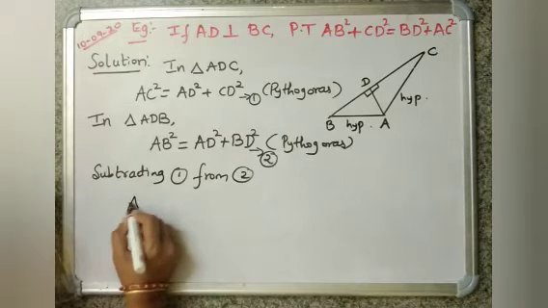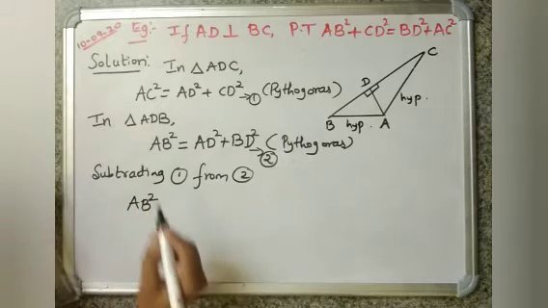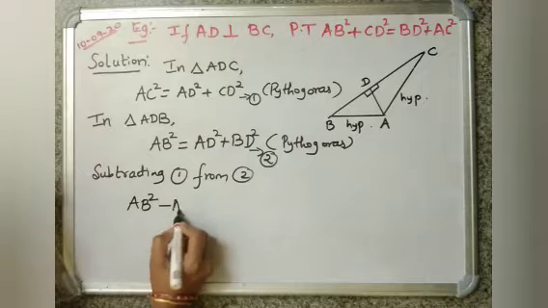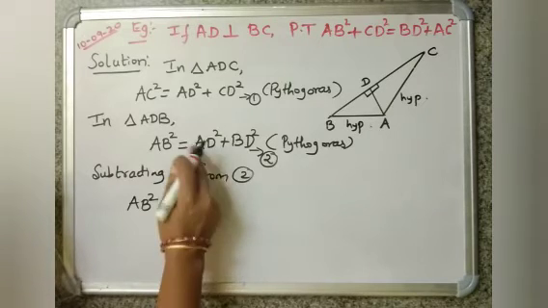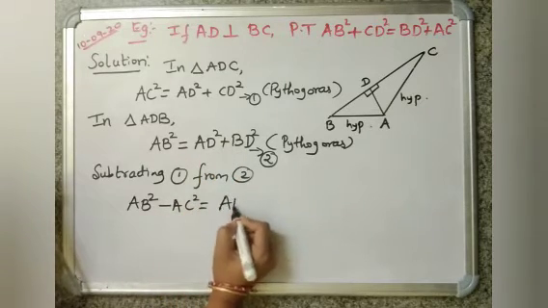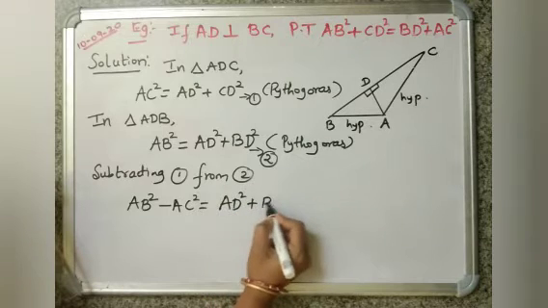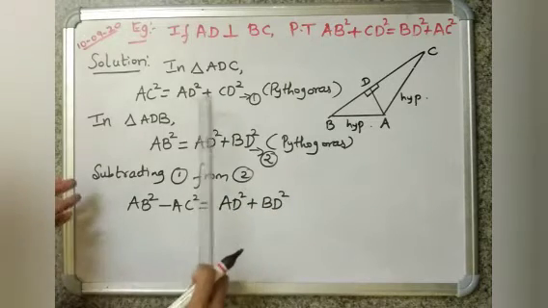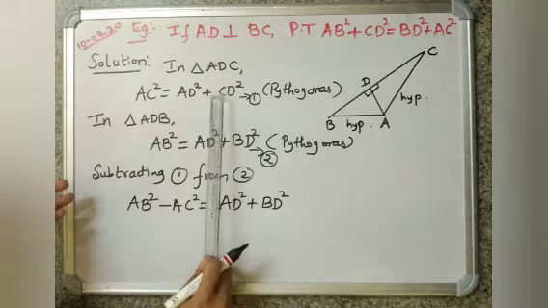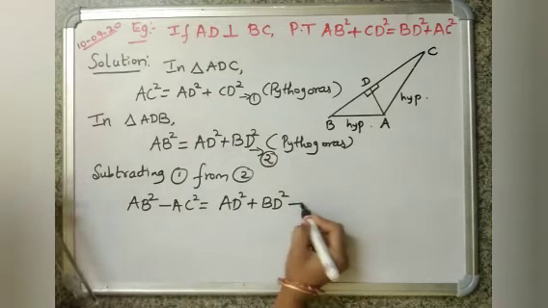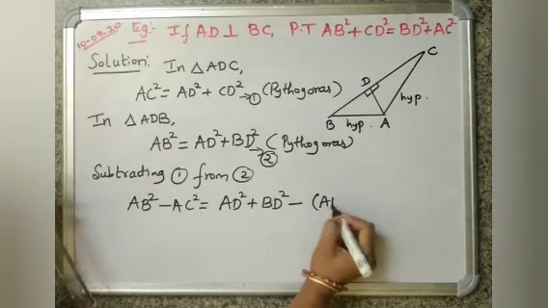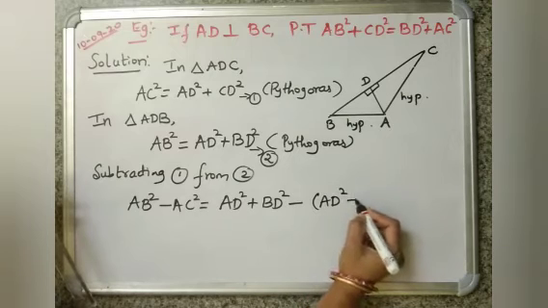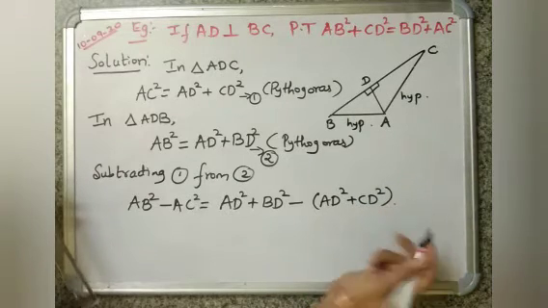On the left hand side, AB square minus AC square. Now right hand side, AD square plus BD square, minus, what is here minus? Minus AD square plus CD square.